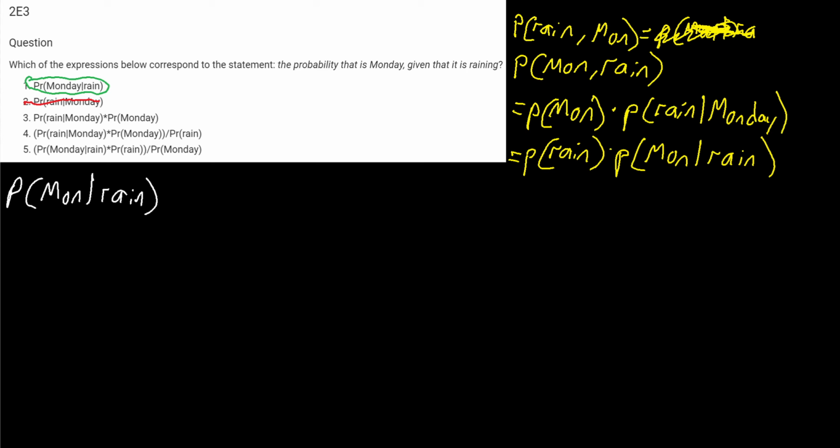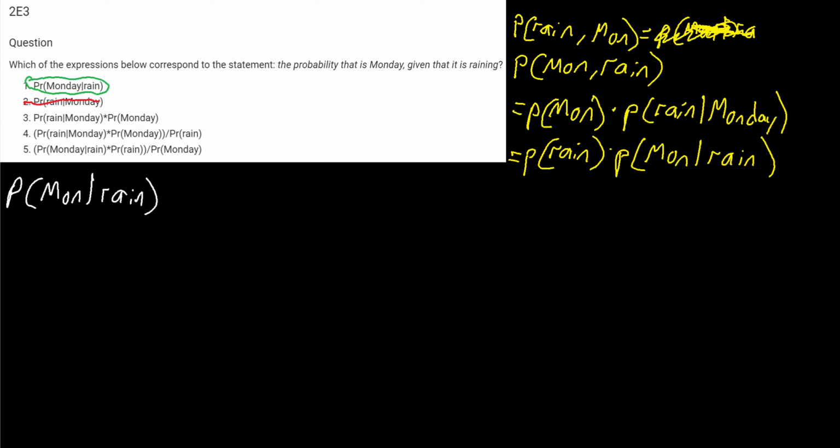Conversely, I could take all the instances in which it's raining, and of those instances, which of those occur on Monday? These are all just ways of expressing a joint probability.